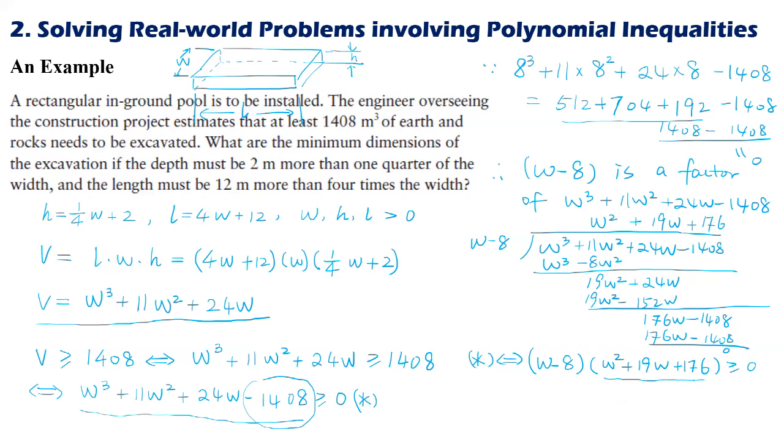So let's check if this expression here can be further factored. Apparently this is a quadratic function, right? So we can use a determinant. The determinant is 19 squared minus 4 by 1 by 176.